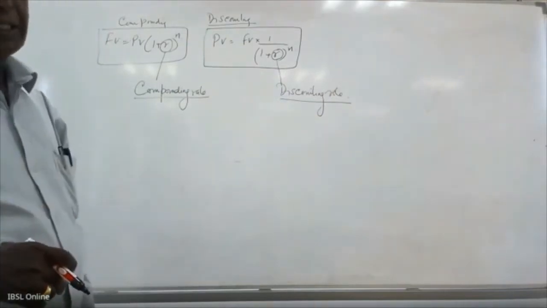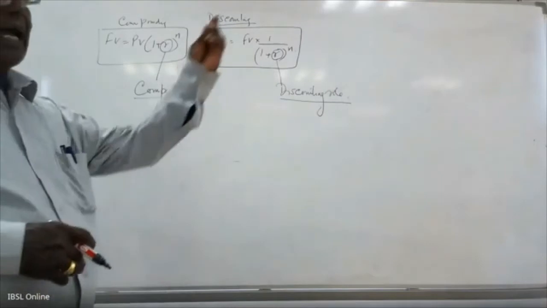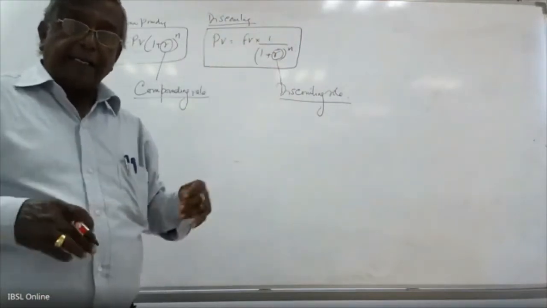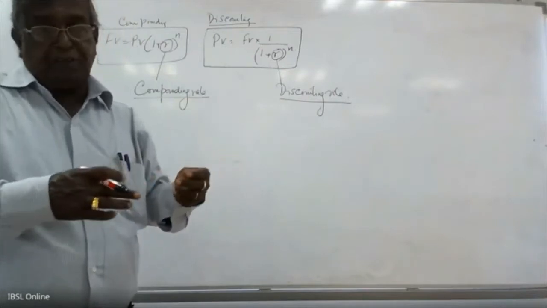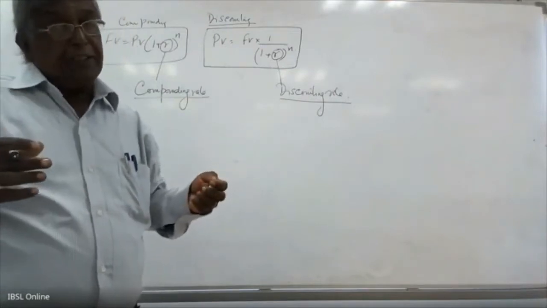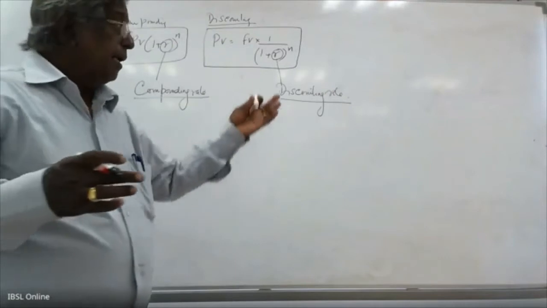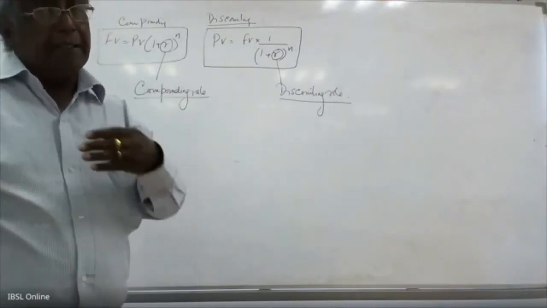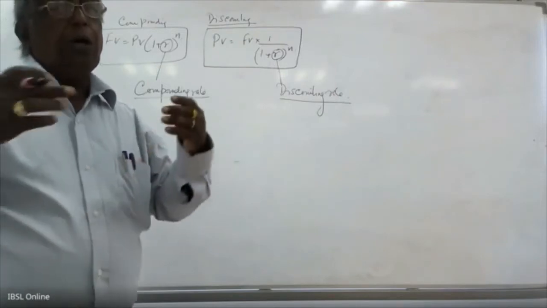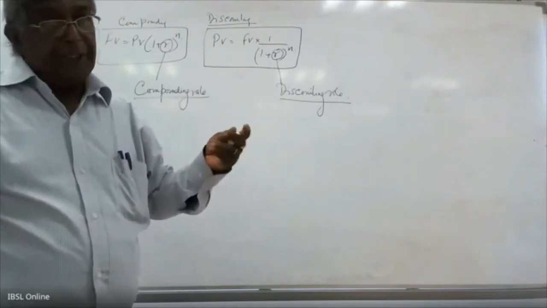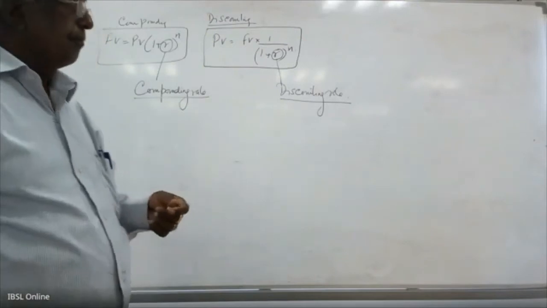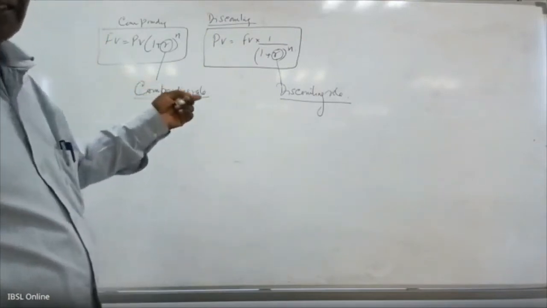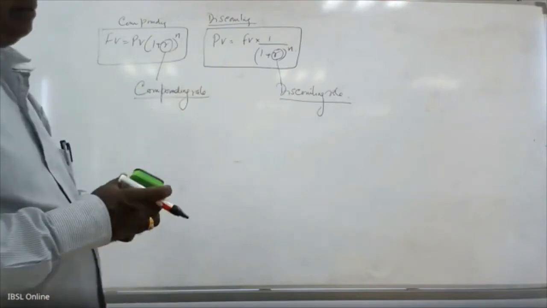Depending on the situation, we may use the bank's lending rate or the bank deposit rate. We will see. So now you know the meaning of compounding rate and the meaning of discounting rate.